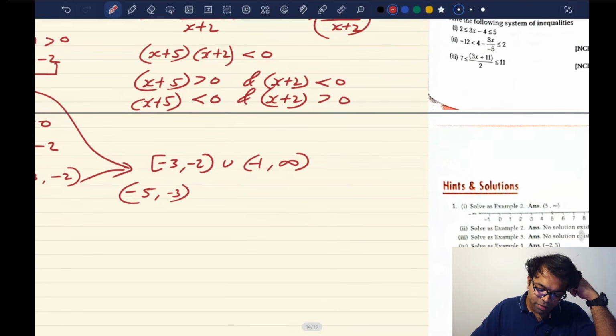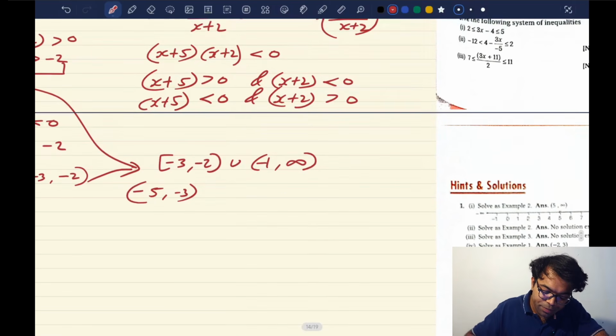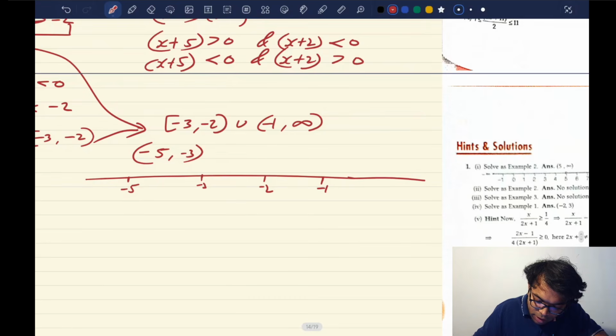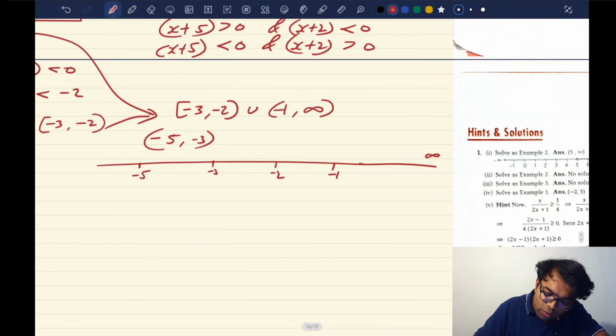It's almost the same. See, Drupad, if you look at a number line, even if you write this also, it's correct. You have minus 5 here, you have minus 3 here, minus 2 here, and then you have minus 1 here, and then you have infinity here. Okay, so the interval is from where to where? You have one interval here, minus 5 to minus 3.